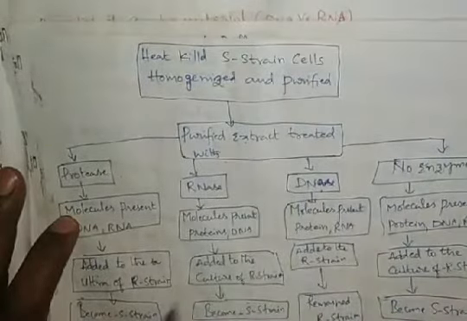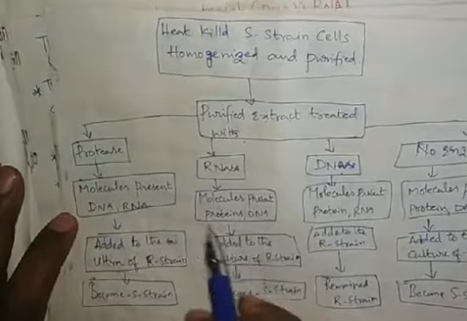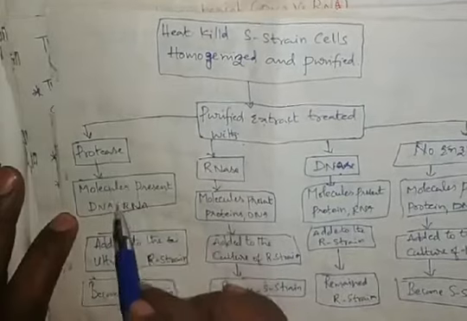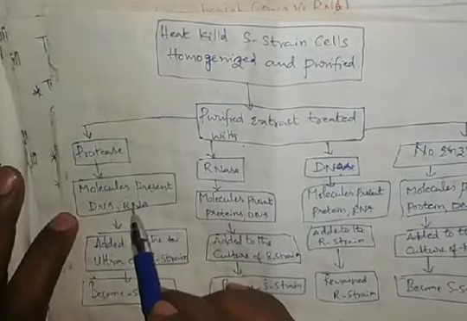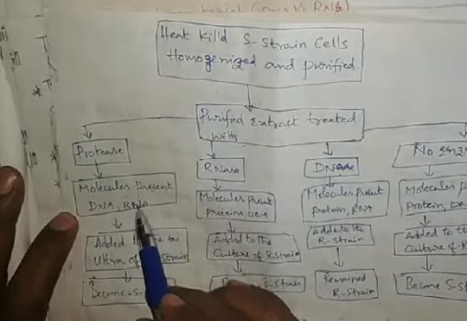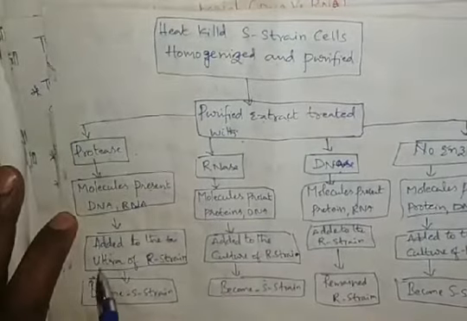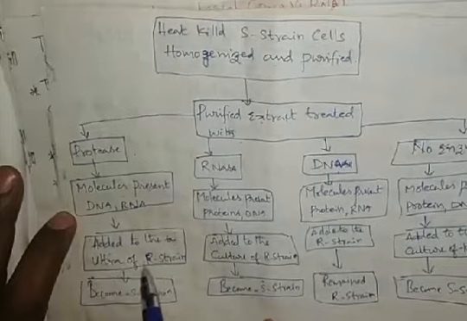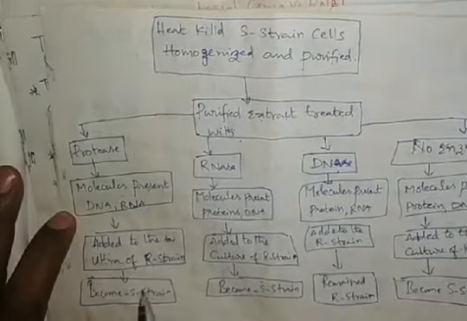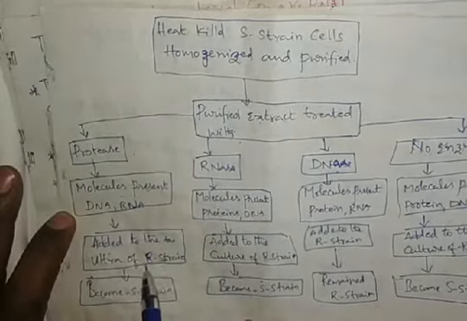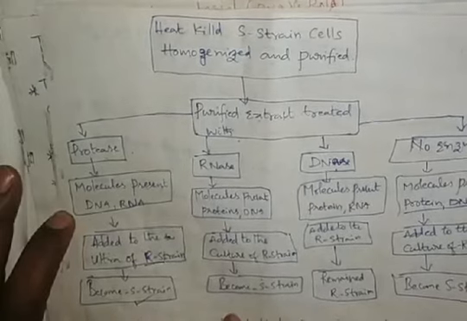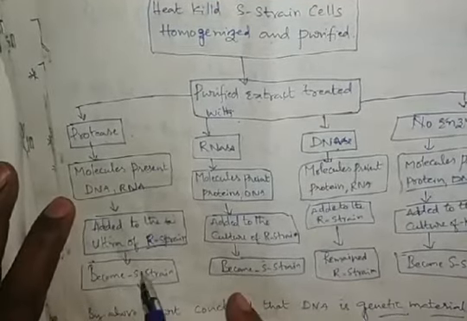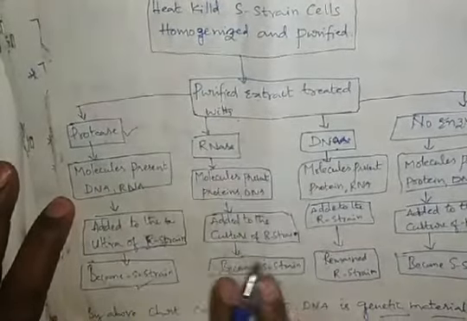When protease is added, the molecules present, the DNA and RNA of the heat-killed S strain, are added to the R strain. Then the R strain becomes S strain, even in the presence of the proteases.